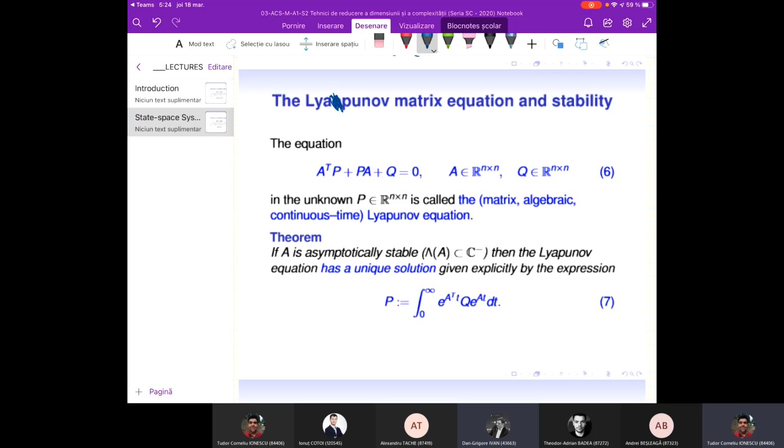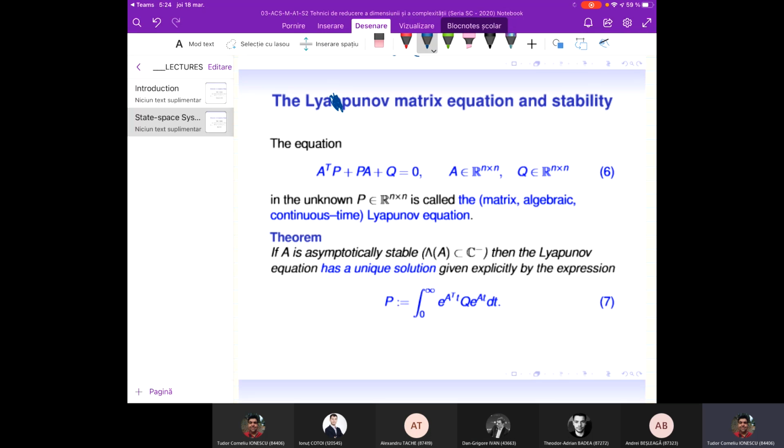Have you seen matrix equations before, such as Sylvester or Lyapunov equations? No, I don't recall. Okay, I'm sorry about that. Maybe you'll read in the book that is uploaded on Moodle, and you can also Google Lyapunov matrix equation. I'm just giving you the flavor of it. And maybe your colleagues will show you how to use it. I'm telling you here how to use it for stability.